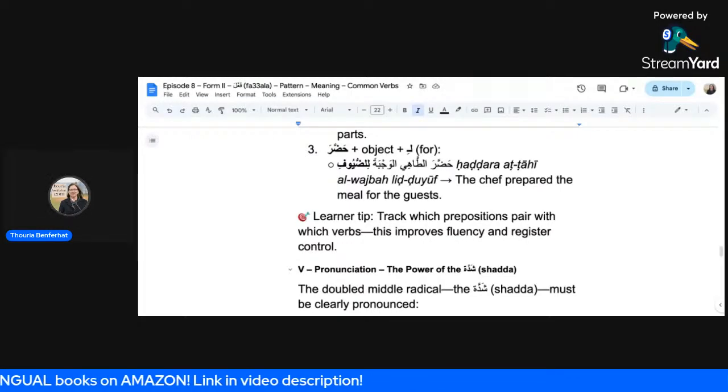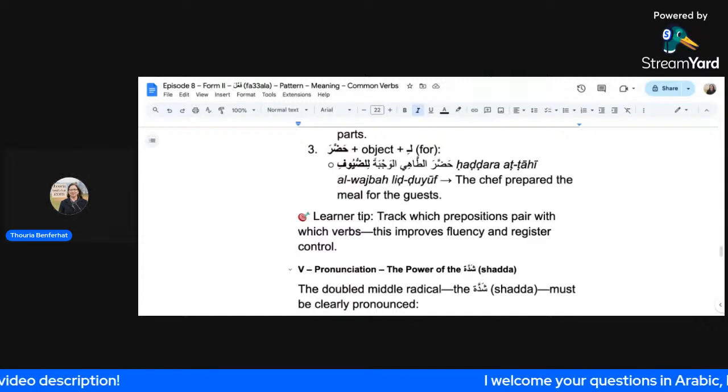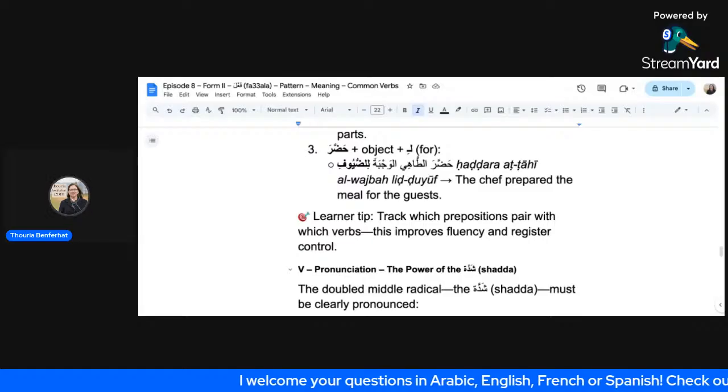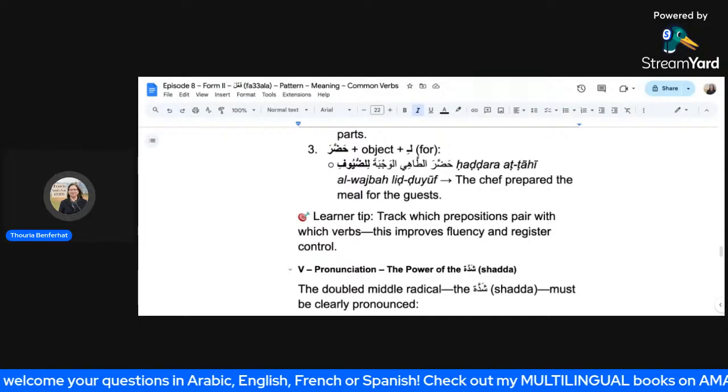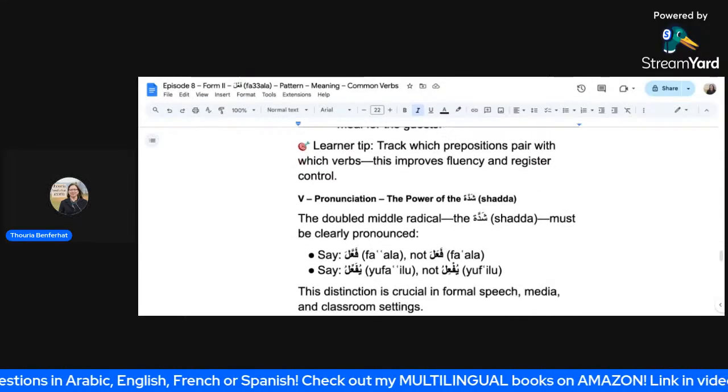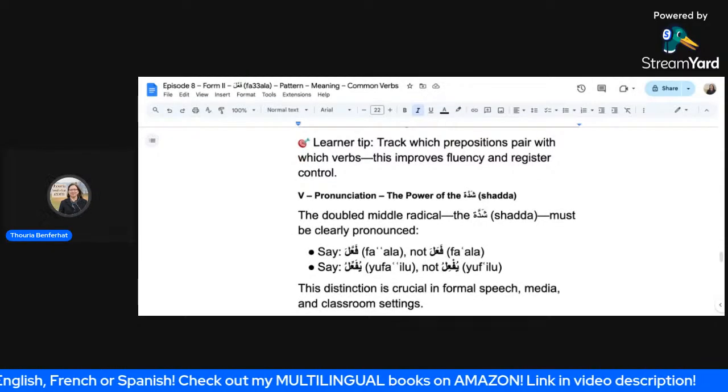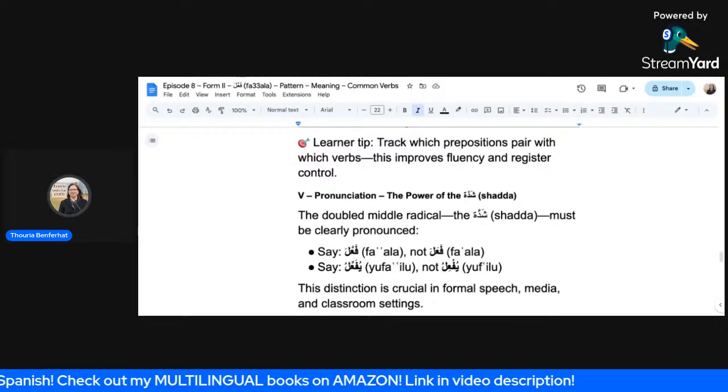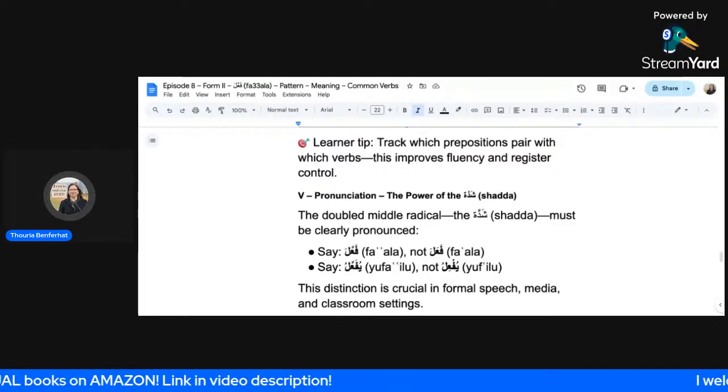And what's the meaning? Did you figure it out? Yes, the chef prepared the meal for the guests. Very good. And here's a little learning tip. Track which prepositions pair with which verbs. This improves fluency and register control.